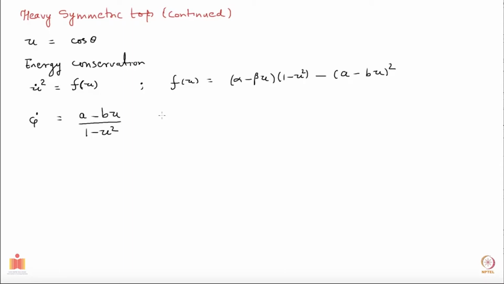Now let's ask how the inclination of the top changes with time. Or we will not answer how it really changes in time, but we want to know at least some information about the inclination of the top, which is encoded in this relation u dot square is equal to f of u. So let's look at it.